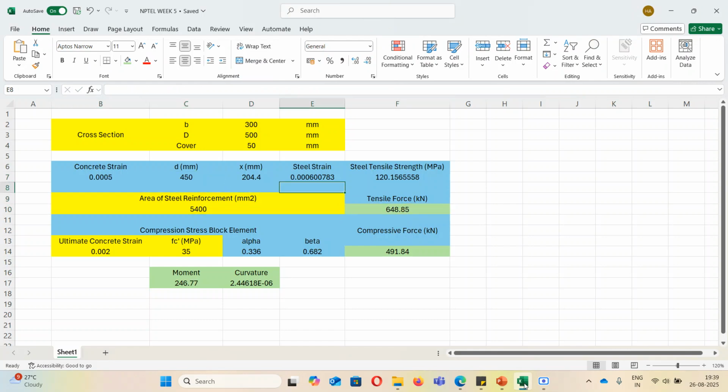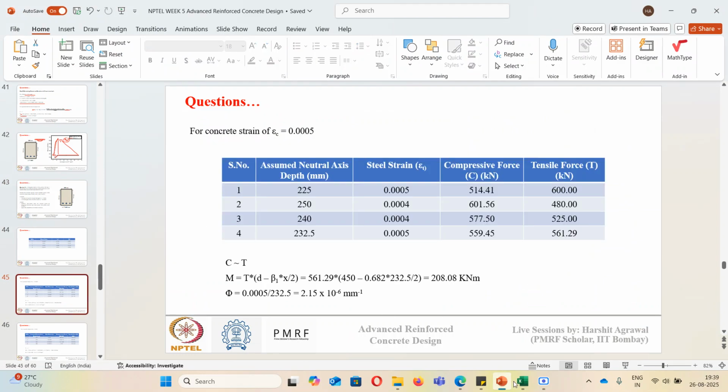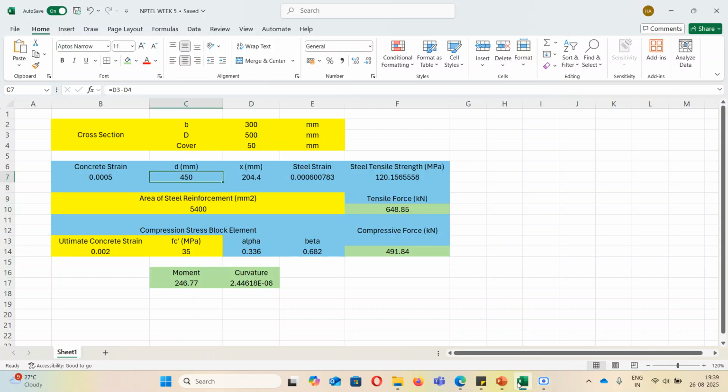Now for various concrete strains, we'll just see how this is changing. I'll show you this sheet, how I created it. I have assumed concrete strain as 0.0005. Initially I'll take the neutral axis depth as 225.